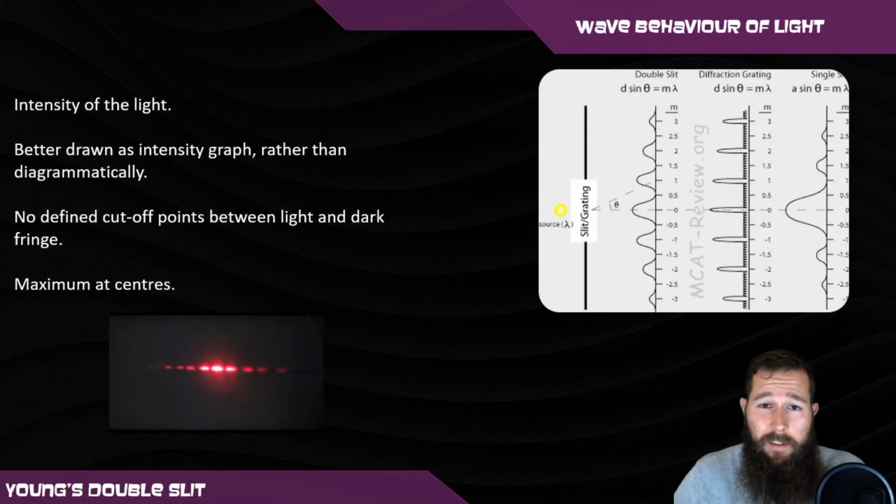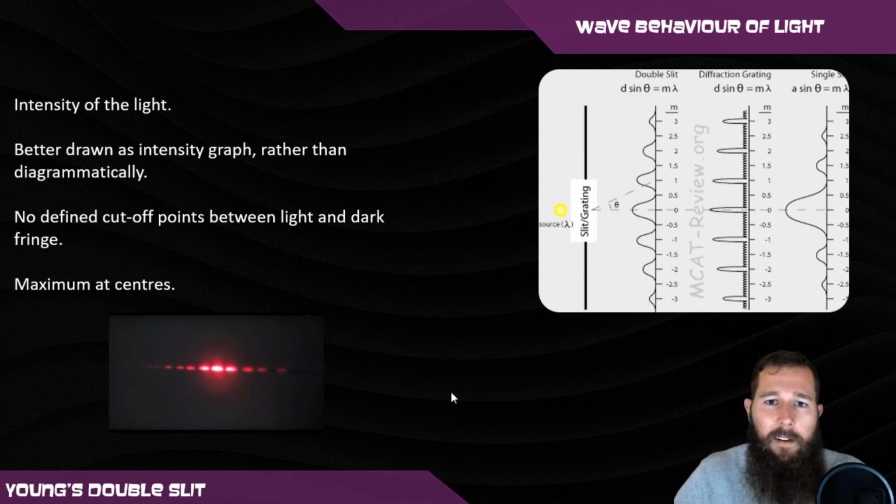So this experiment just proves light behaves as a wave. Now when we're looking at the double slit, focus on this pattern here, the intensity of the light would look like this in real life on a screen. So in this case we're using red laser light, and you can see it's brightest in the middle and slightly duller as the maximums proceed outwards.